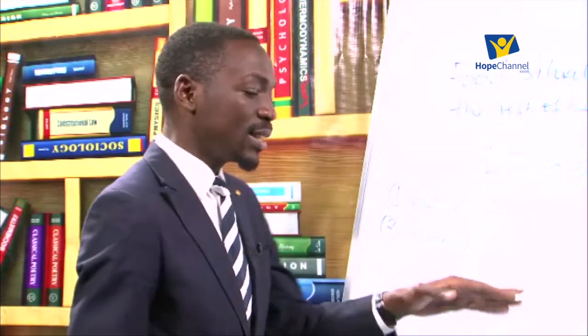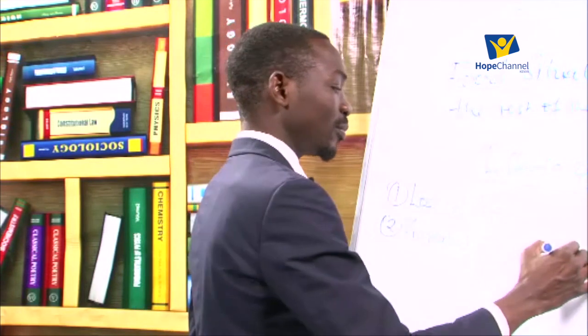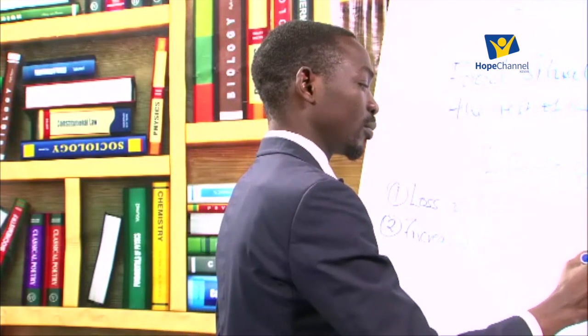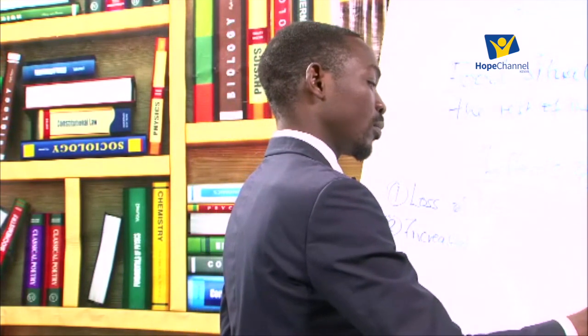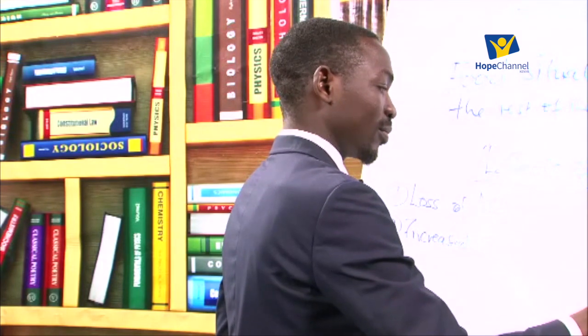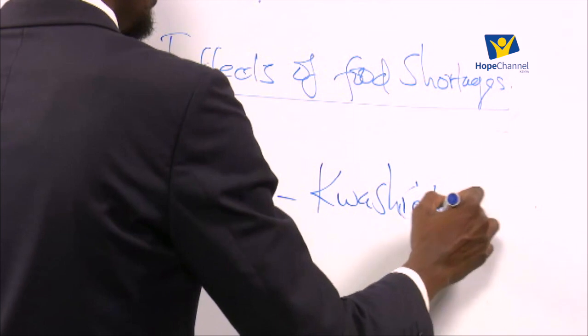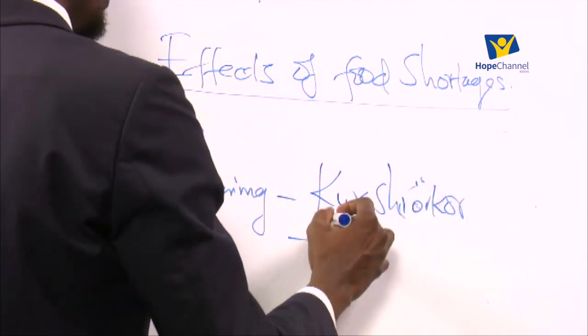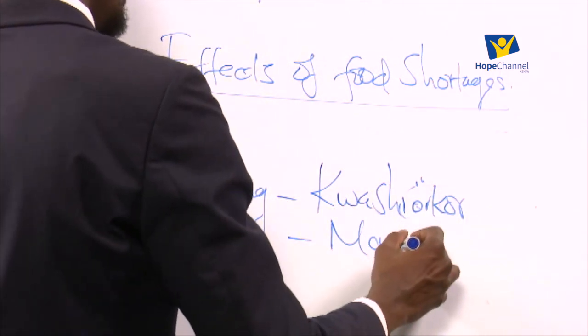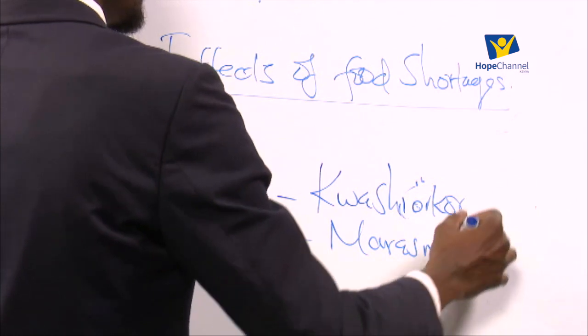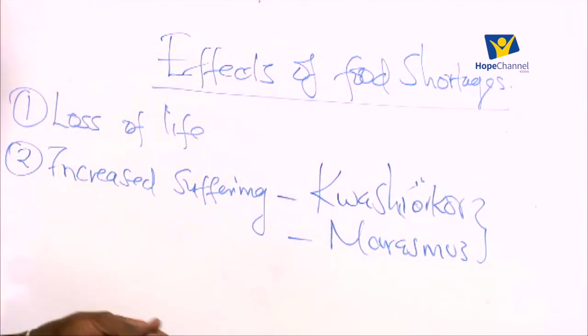They lack a balanced diet. So diseases like kwashiorkor, and marasmus. These are diseases which are called deficiency diseases.